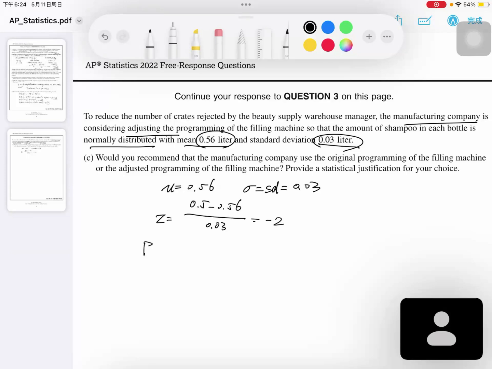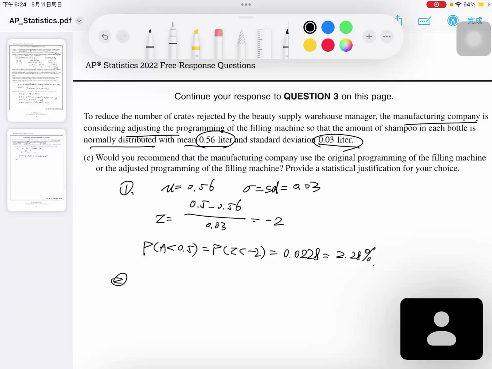So we need to find P(A smaller than 0.5), which equals P(z smaller than minus 2). The value can be looked up from the table. It is 0.0228. And this is the first step.